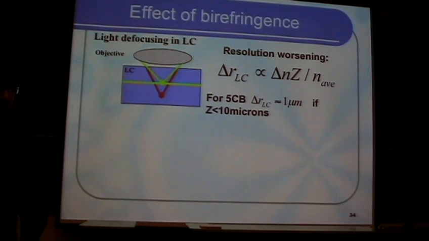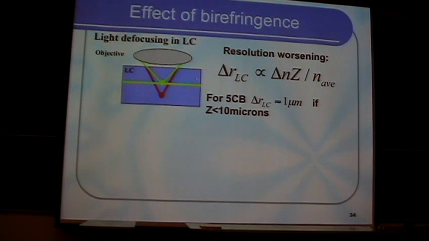Of course, from the point of view of imaging, there are many artifacts possible, because unlike in the case of biological applications or many other materials science applications, we have a liquid crystal medium which is a birefringent crystal. Therefore, it's much more difficult to tightly focus light in such a medium. This results in some resolution worsening, which can be roughly estimated using this expression shown here.